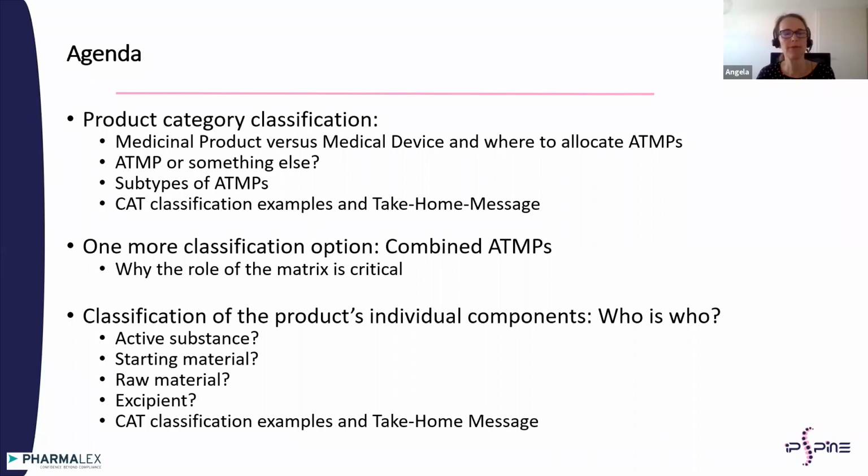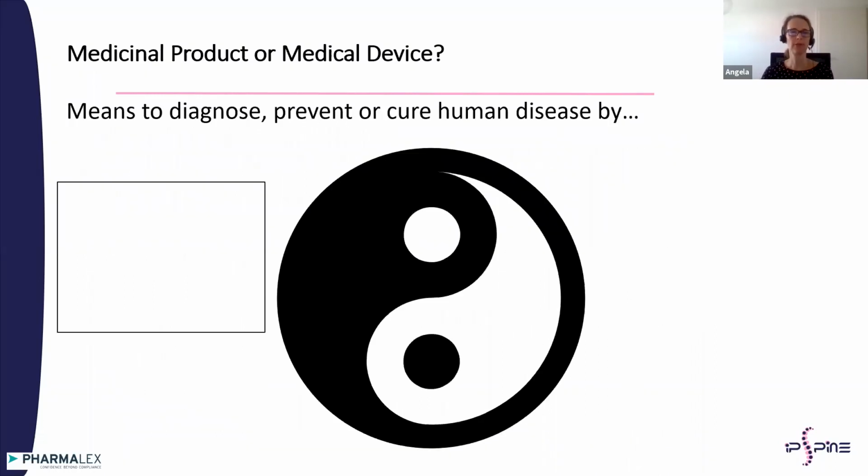So starting off with the very general concepts, we will look at what medicinal products and medical devices are. I would like to call them the yin and the yang of medical science because they're these two opposing principles, mutually exclusive by definition, that together make up this great entity of means to alleviate human suffering, I believe.